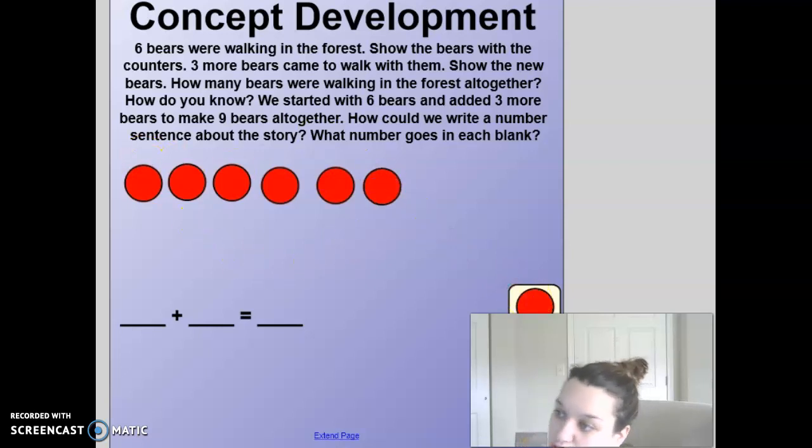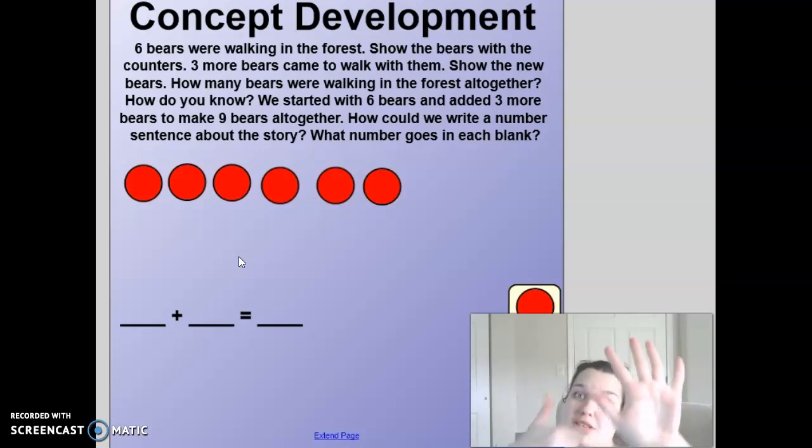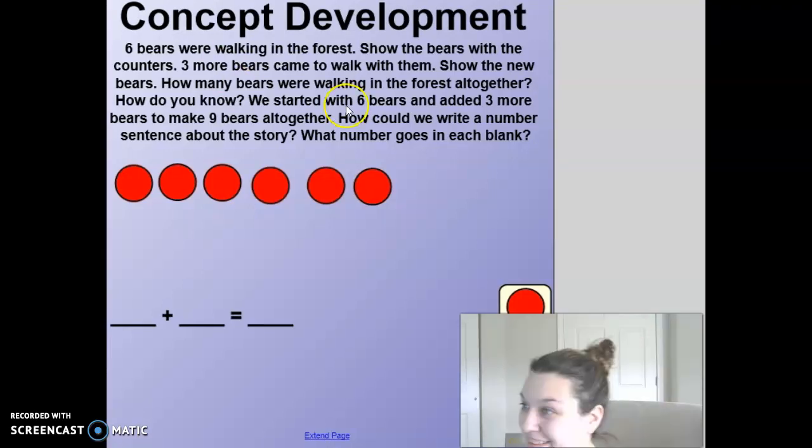So these are circle counters, and we would use them in class. They're the things that have the red and the yellow sides, but you can draw bears if you want, or any other shape you want, as long as there's just 6 of them. Go ahead. Very good.